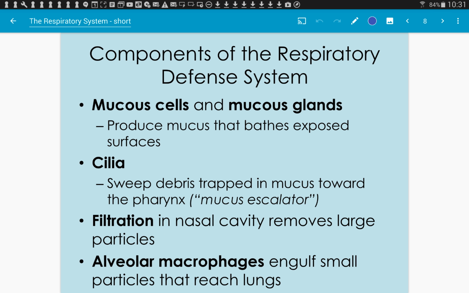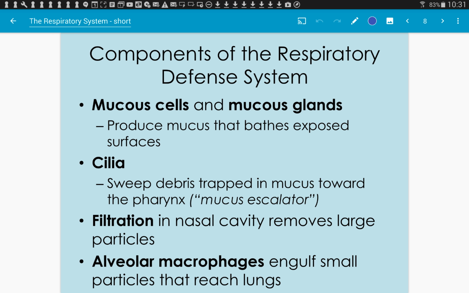Okay, so talking about how the respiratory system is able to defend itself against pathogens or infections. Several things that help with this process. First of all, that mucus layer. We've referred to it in the past as the mucus escalator, up and out of your trachea.